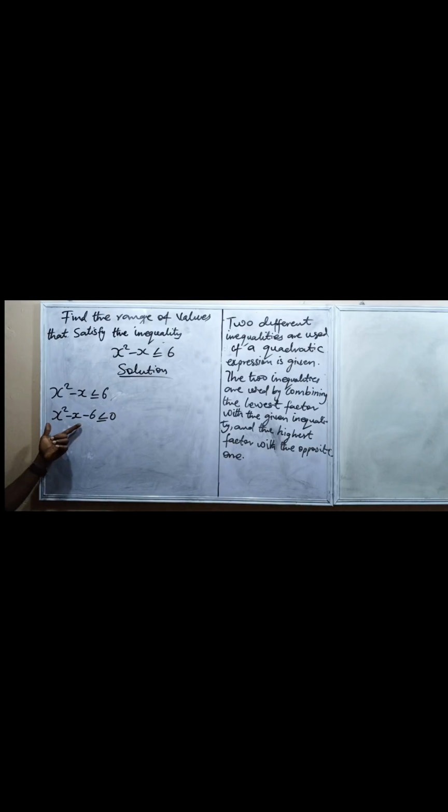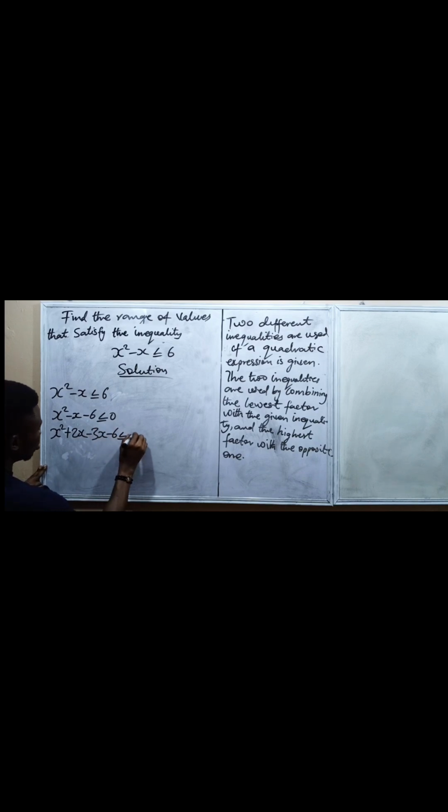We look for two numbers that when we multiply, we have minus 6, and when we add, we have minus x. The two numbers are minus 3 and 2. So we have x squared plus 2x minus 3x minus 6 is less than or equal to 0. If you multiply these two, you get minus 6, and if you add them, you get minus x.